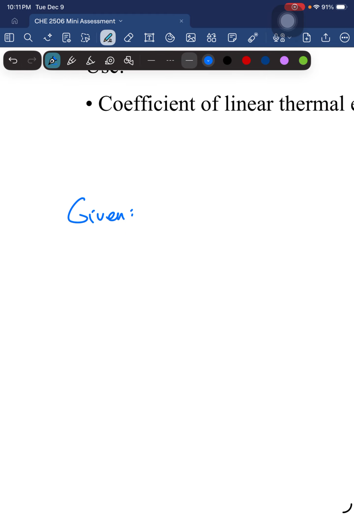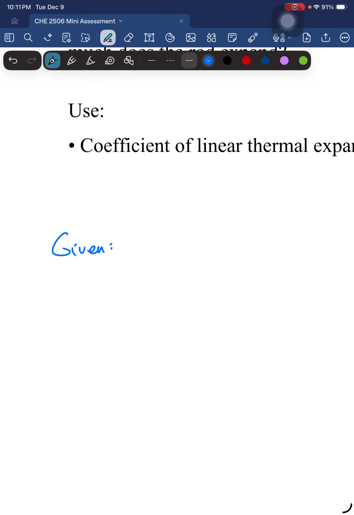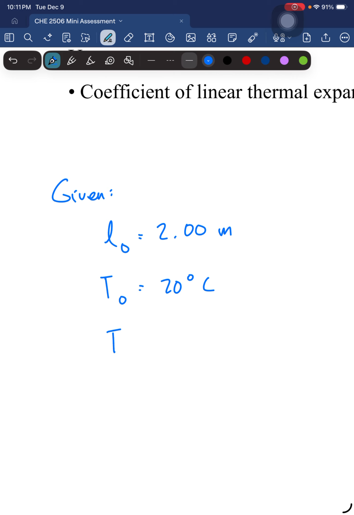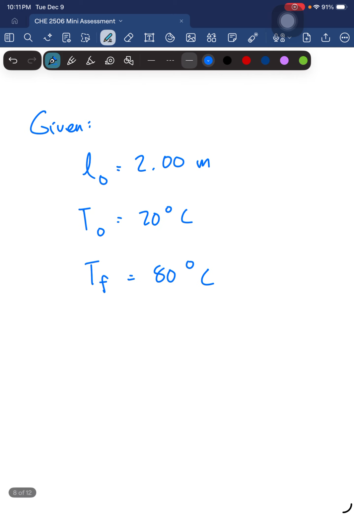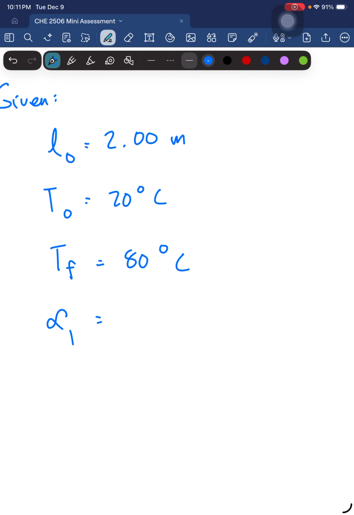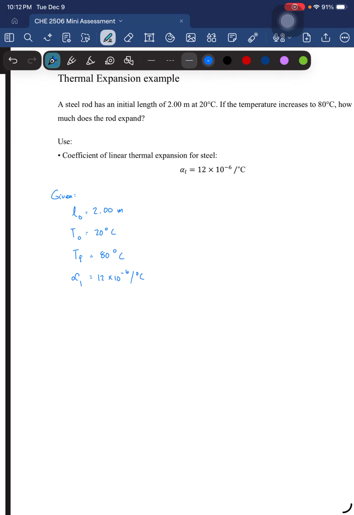Okay, let's write the givens here. Our initial length is equal to 2 meters. Our initial temperature is 20 degrees Celsius. Our final temperature is 80 degrees Celsius. And our alpha L, which is the coefficient, is 12 times 10 to the power of negative 6 per degree Celsius.